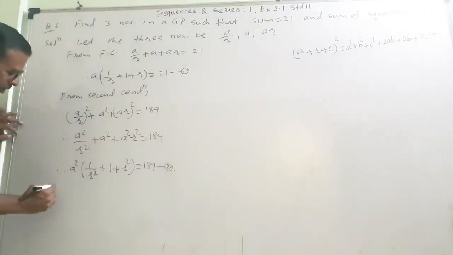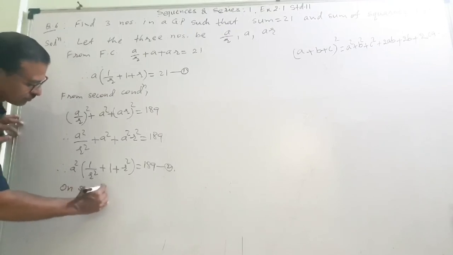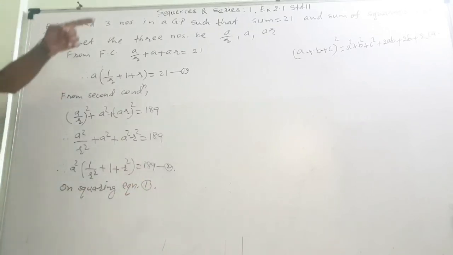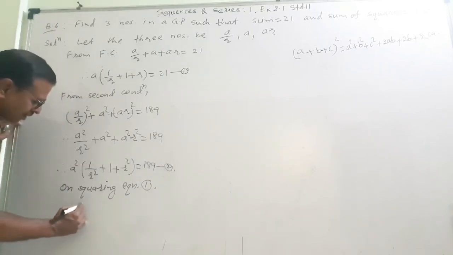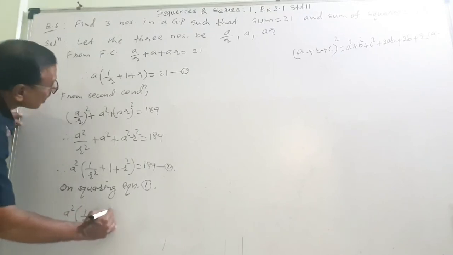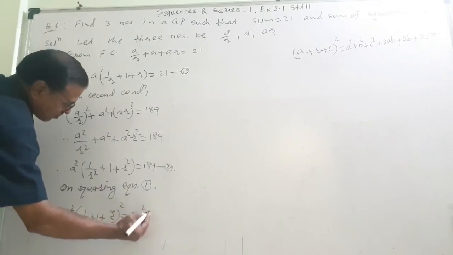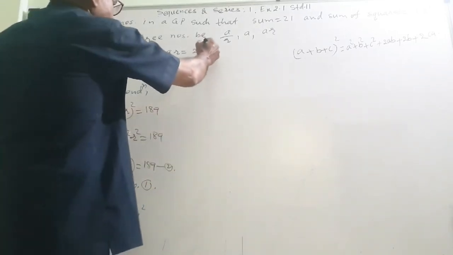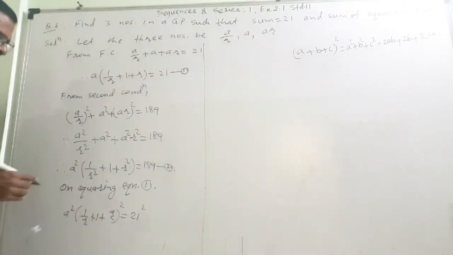On squaring equation 1, note down that formula because I am going to rub it. A square into 1 upon R plus 1 plus R bracket square is equal to 21 square, squaring both the sides. Therefore, now I have to expand this.